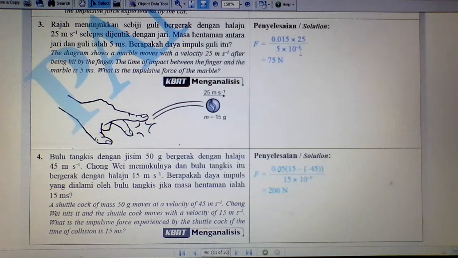So you convert to seconds. Milli is equivalent to 10 to the power negative 3. Thus you get F equals 75 Newton. Meaning the impulsive force on the marble acts to the right, because the answer is positive here. Same direction as 25.